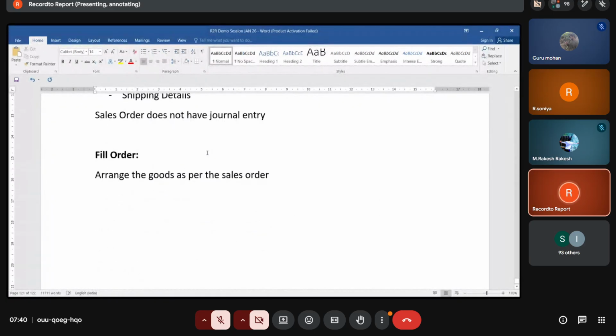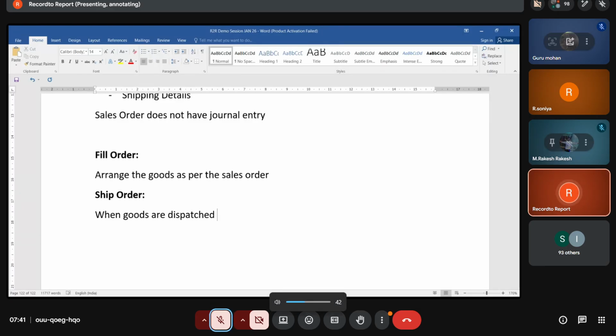Ship order. So once this delivery of goods is done, the goods are dispatched from the company's standpoint.